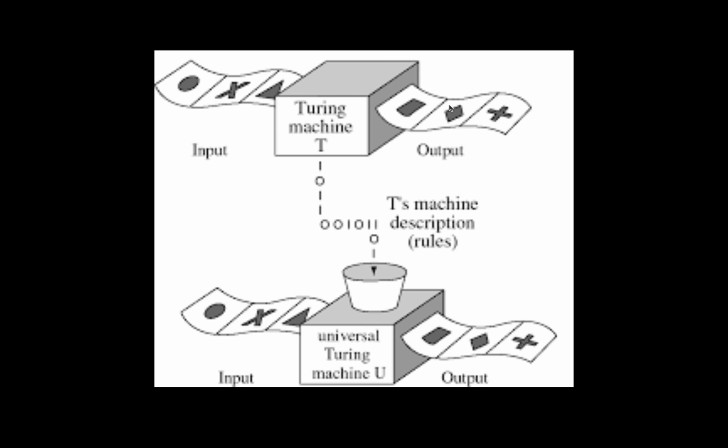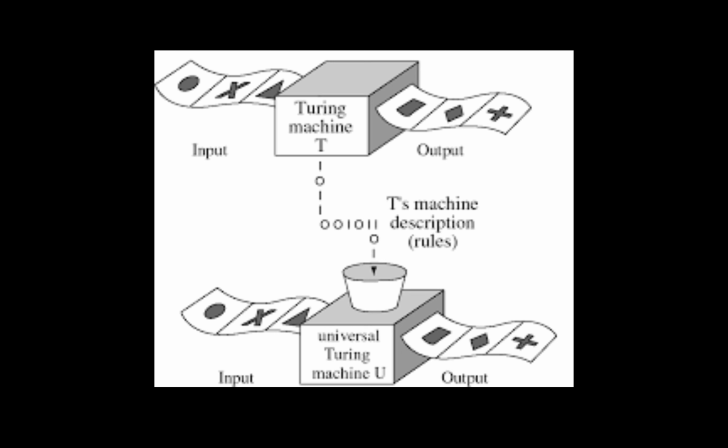The ability to read and write data combined with the rule set allows the Turing machine to do some computation and execute a program. And then you have a universal Turing machine, which has the ability to take in a description of another Turing machine and adopt its rule set, allowing the universal Turing machine to perform any sort of computation that we would want.